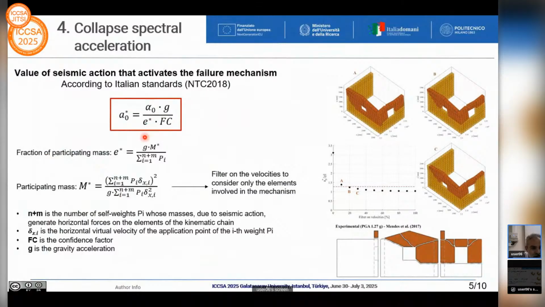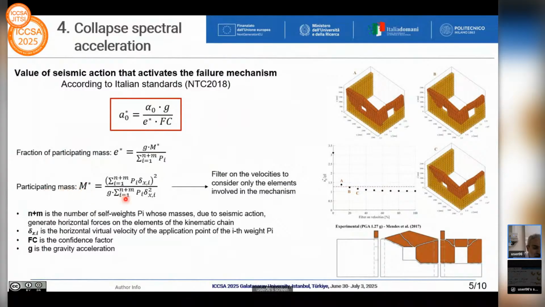E star is the fraction of the participating mass that is provided by this formula. This formula contains at the numerator M star. M star is the classic participating mass.